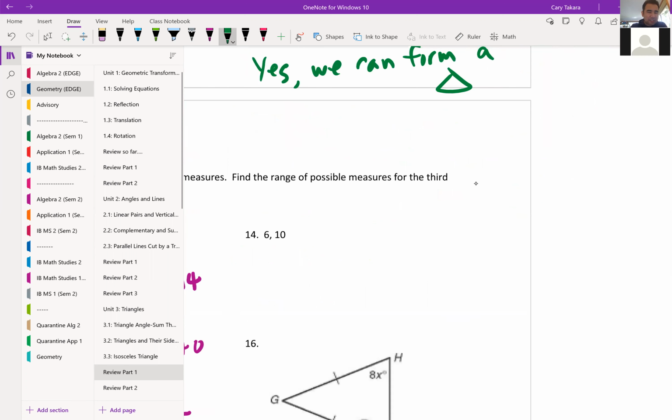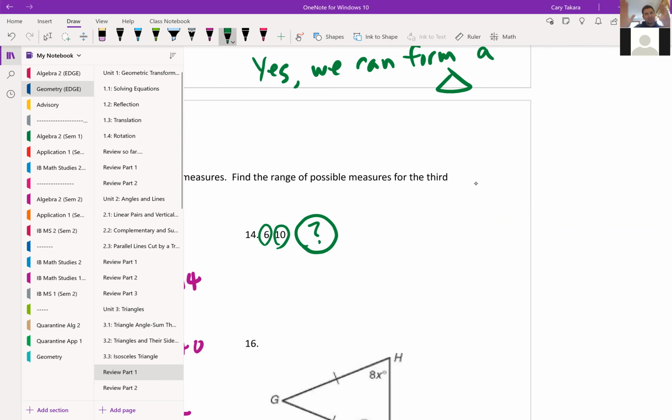Next type of question is all about the triangle inequality theorem. You are given two sticks, measurement 6 and 10. And we want to figure out, well, what could the third stick be? What's the range? What's the lowest that you can go? What's the highest that you can go?